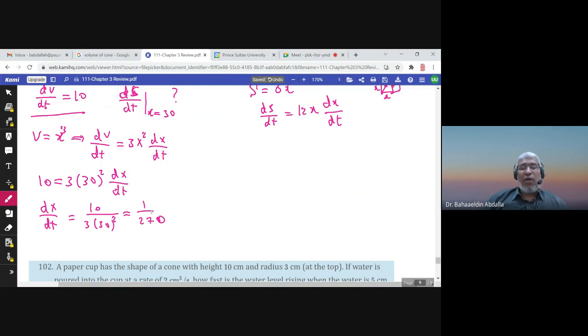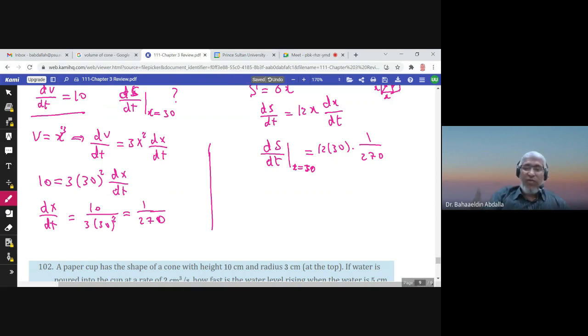So now I can go back to this equation and find dS by dt when x is 30. And this is the required, this is what he asked for. It is 12 times x, which is 30, times dx by dt, which is 1 over 270.